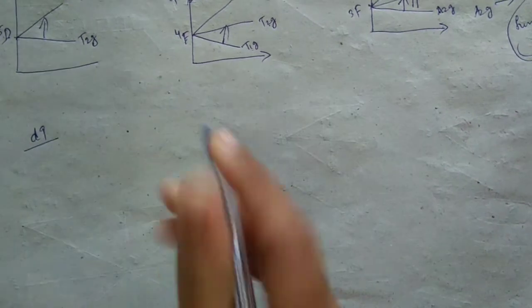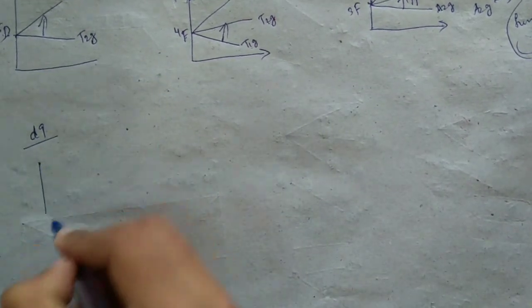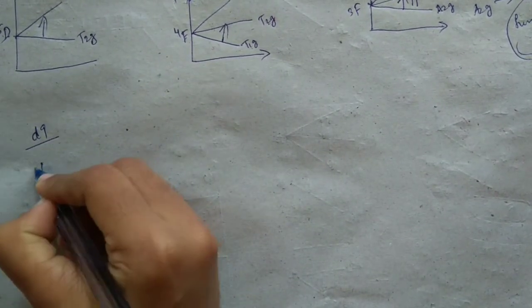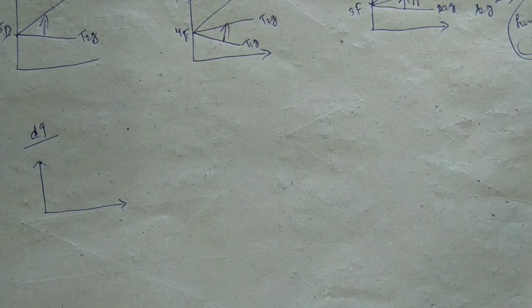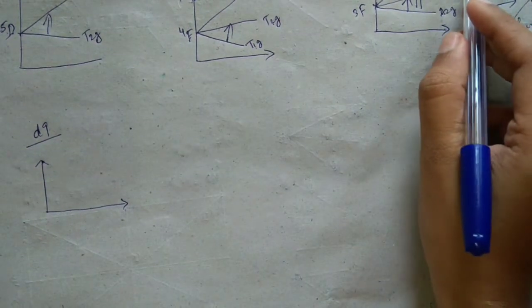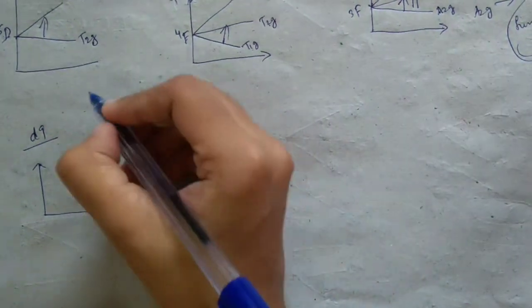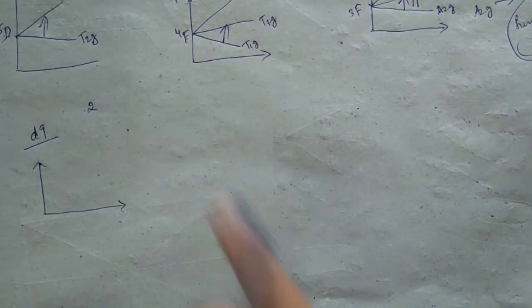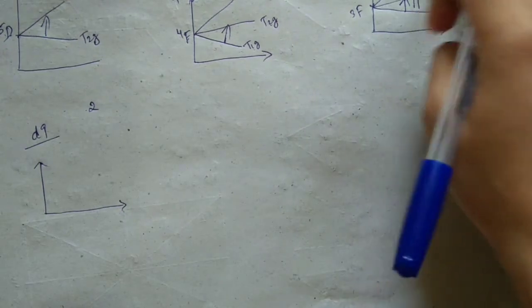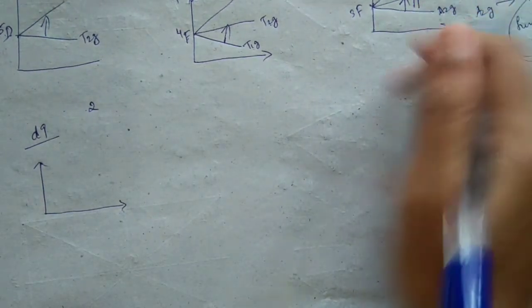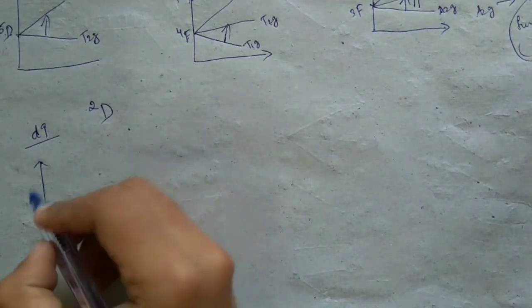D9. D9 also has hole formalism. The ground state term symbol for D9 is 2D.